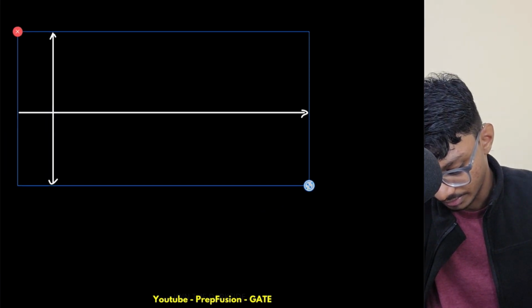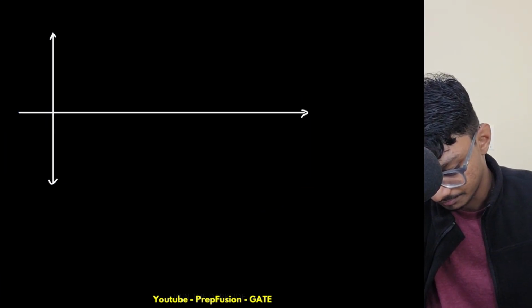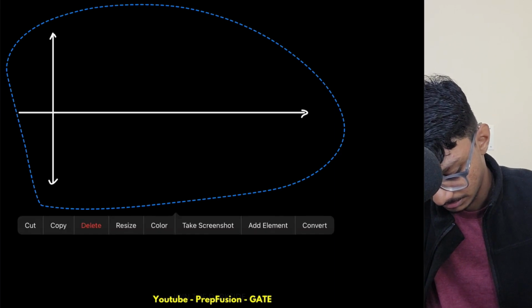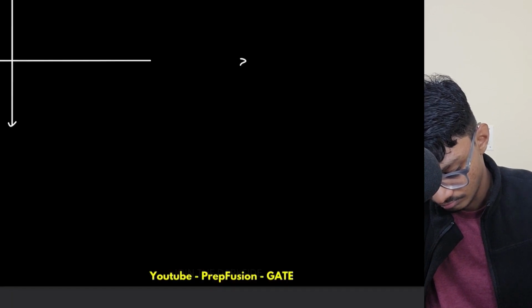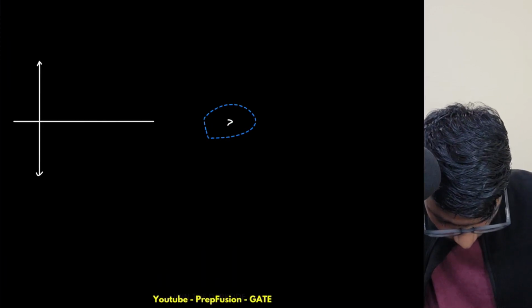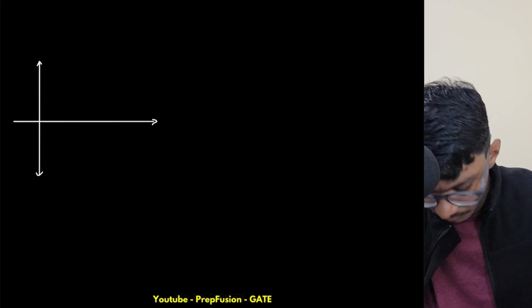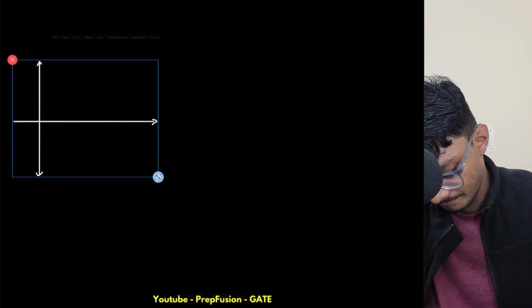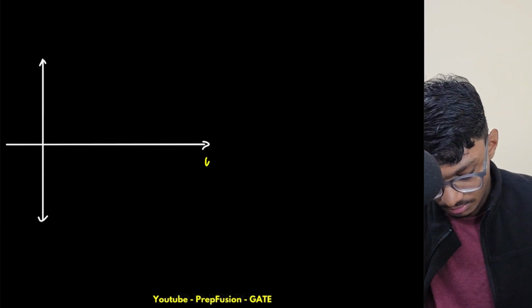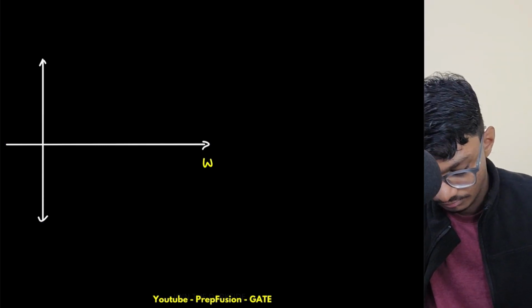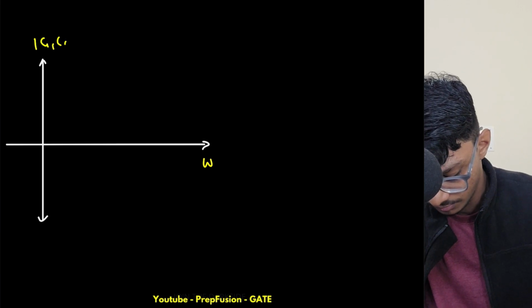So if I draw the magnitude plot for both of them, this is omega and this is magnitude of g1 of j omega.